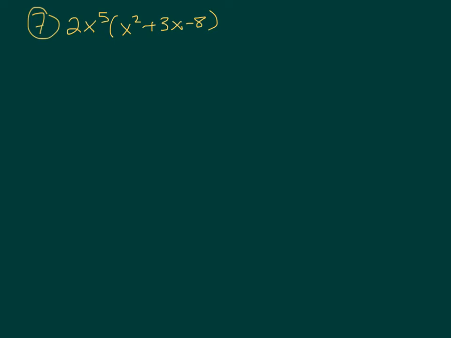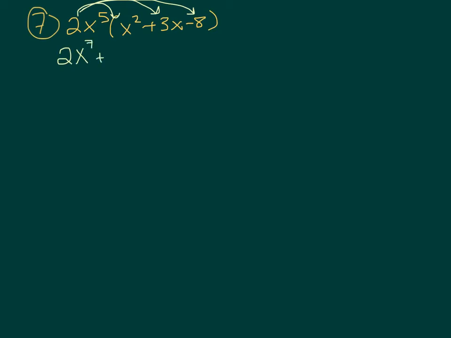In the previous ones, it was a monomial times a binomial. This is the exact same process, however. All we're going to do is take this 2x to the fifth and distribute it to all three of these values. So 2x to the fifth times x to the second is going to give me 2x, don't forget to add your exponents, to the seventh.